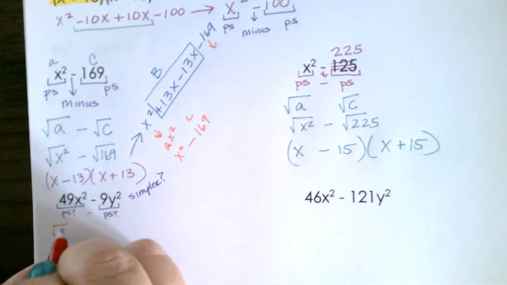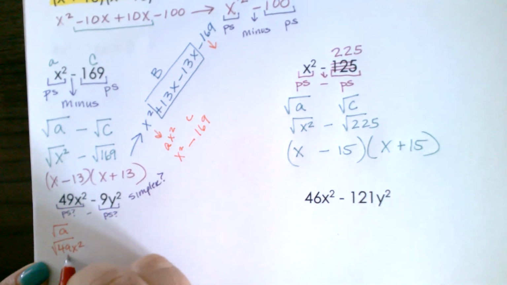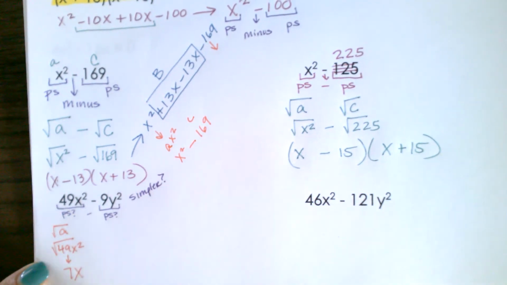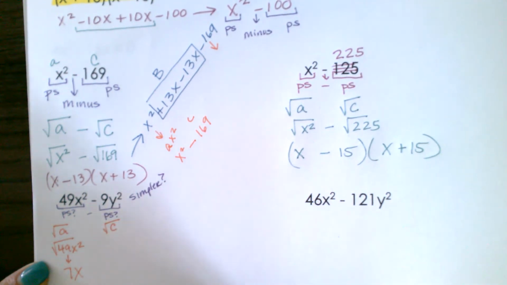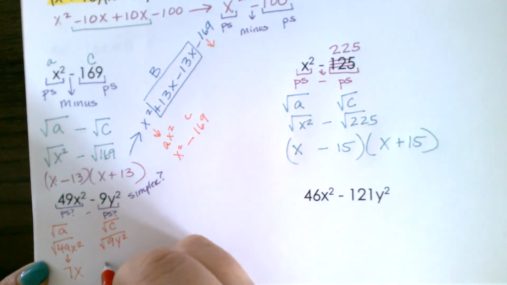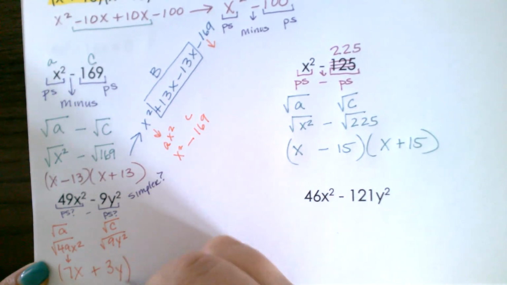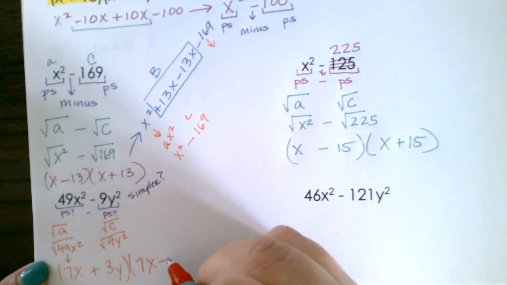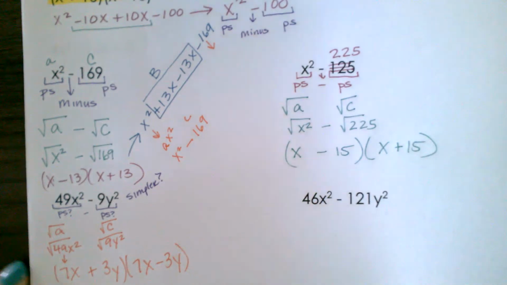So I'll take the square root of the a term, so I need the square root of 49x squared, which is 7x. I will take the square root of the c term, which is the square root of 9y squared, to get 3y. This time, just to mix it up, because as I state, it does not matter if you put the plus 3y first or the minus 3y.